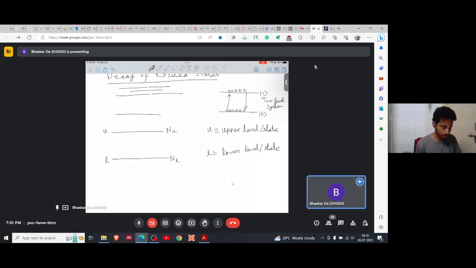This is the population at these two levels, L and U. By population I mean there are some electrons here and some electrons here. When the excitation is stopped, it is going to relax, so these electrons are going to come down to the lowest level. Now this is the simplest case.